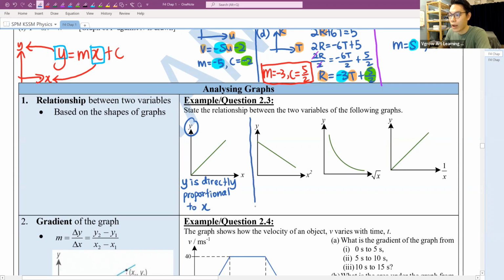Okay, y is directly proportional to x. Very important. Exam like to ask this. Maybe they never put y and x in exam. They ask you v and t. Okay, you might see this in your first exam. Then you say v is directly proportional to t. Okay, same one. So if you see like that, remember this one must know directly proportional. Very important.